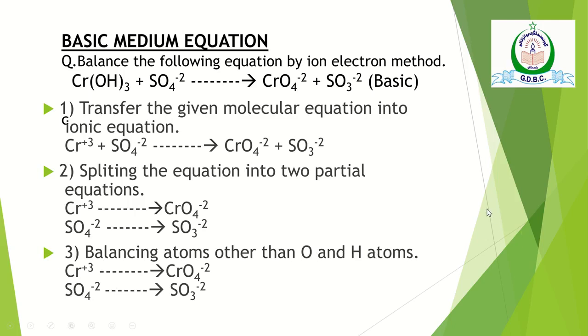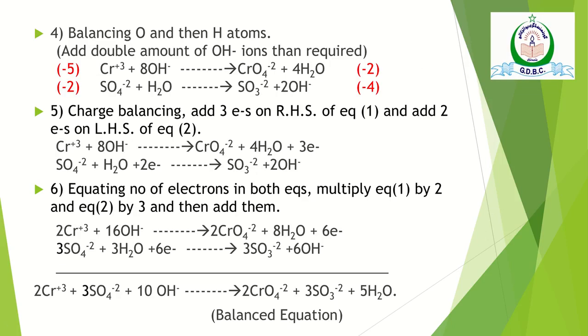Coming to the next step, which is balancing of oxygen and then hydrogen atoms. Here I need to tell you to add double the amount of hydroxyl ions than the required number.